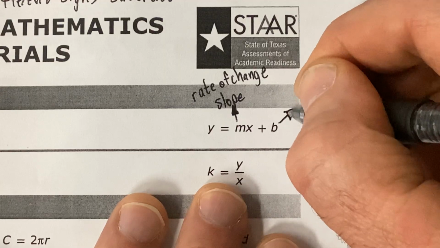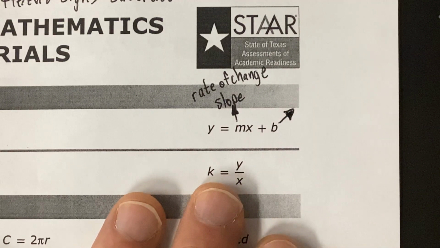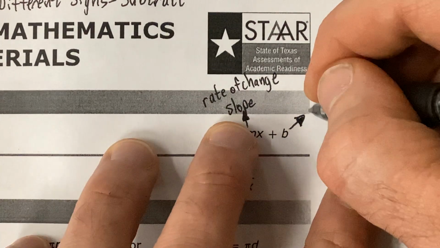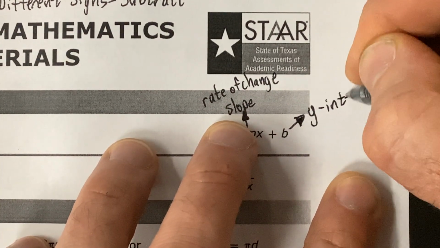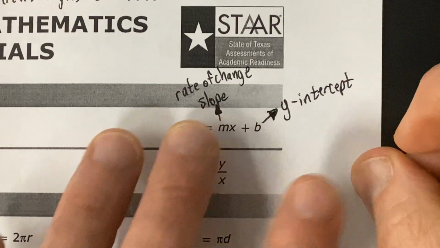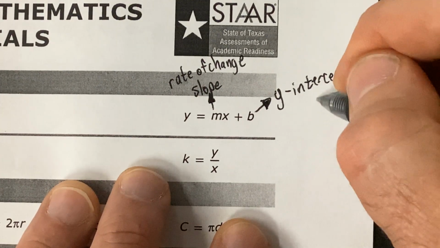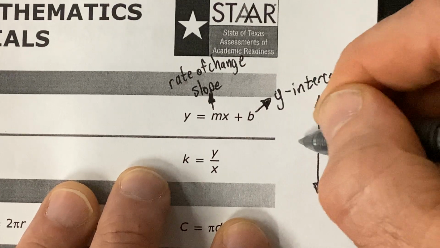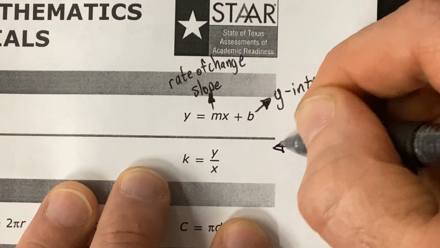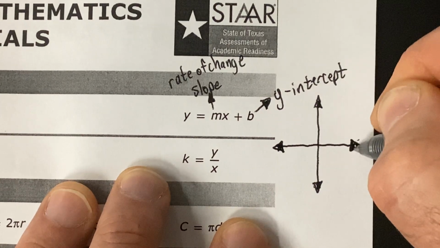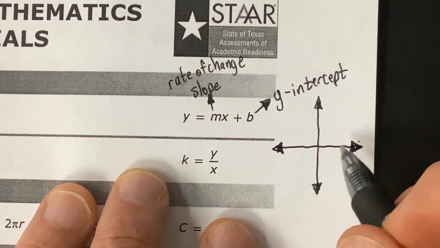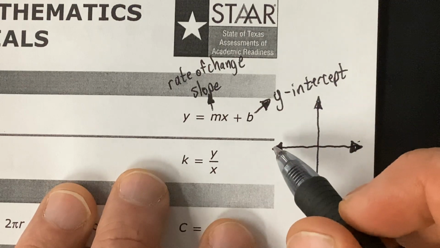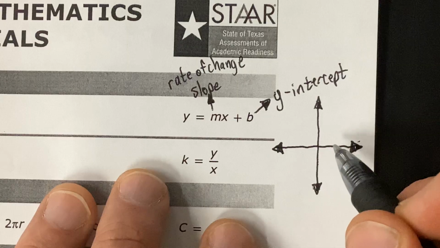Okay, what does the B stand for? Y-intercept. Stands for y-intercept. All right, I want you to draw a quick little XY here. What kind of line is this? What do we call this kind of line? Horizontal.